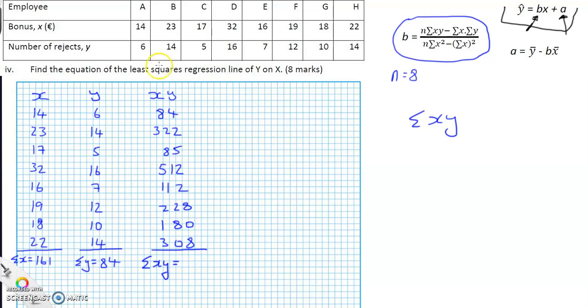We get 1831. Okay, so that's that piece on the top of the formula done.